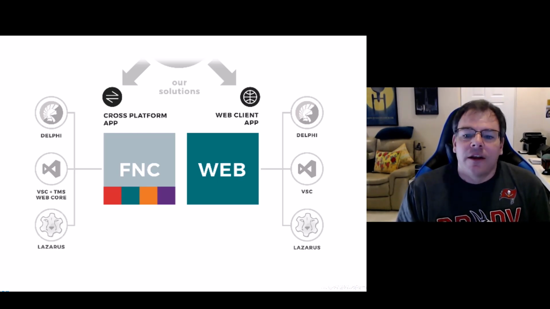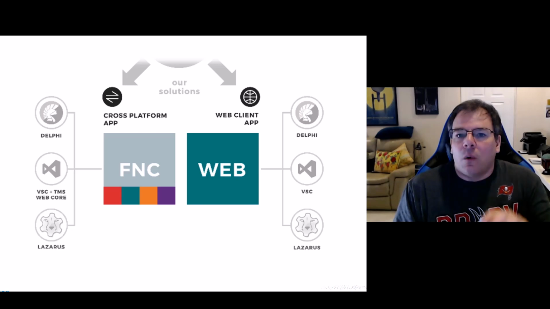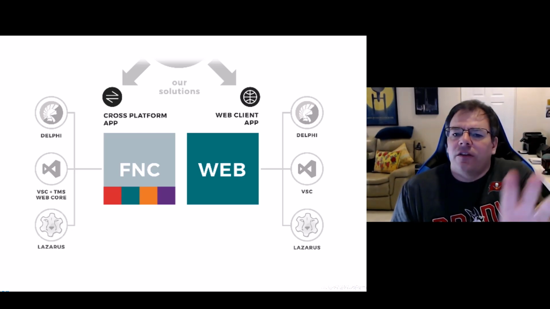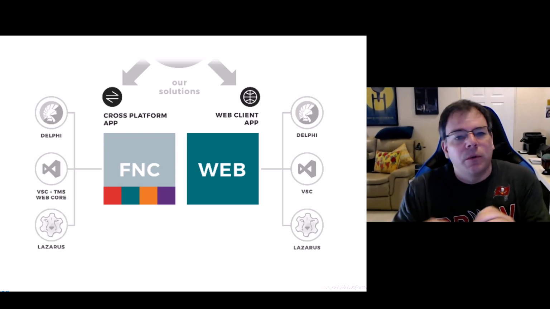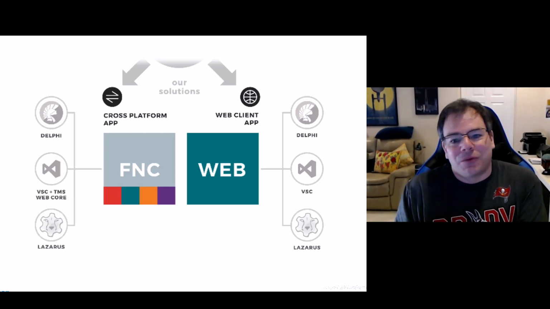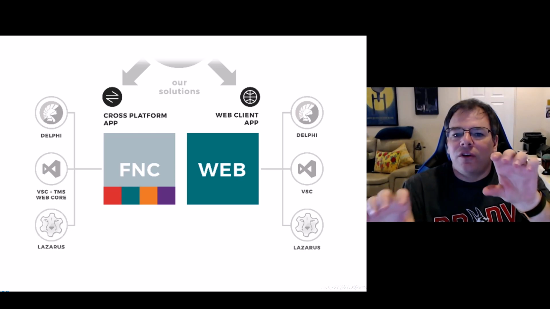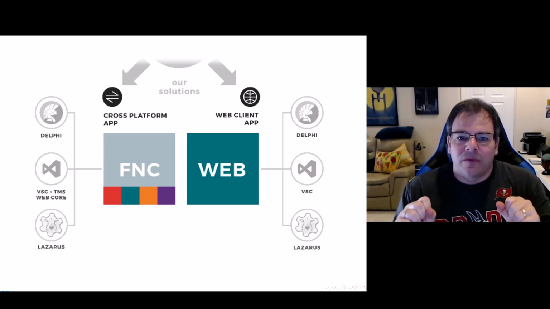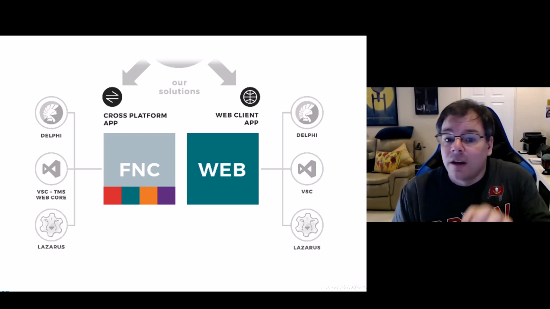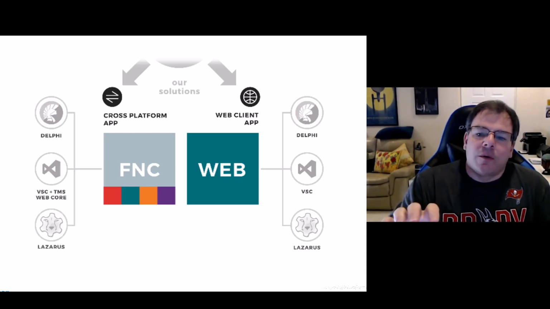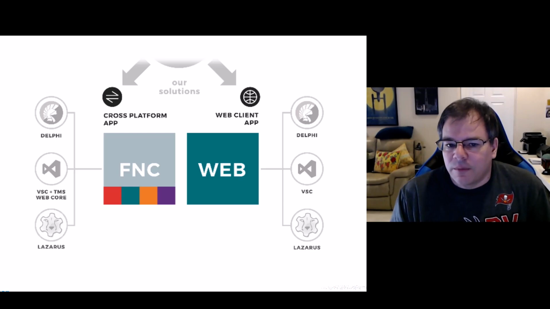Well, the difference is if you want to develop a web application, you would usually take the VCL. And then you would also have to develop your web application. You would use, hopefully, TMS Web Core. But you would have two different code bases, two different sets of controls, because one would be the VCL framework, the other one would be the special components for TMS Web Core.